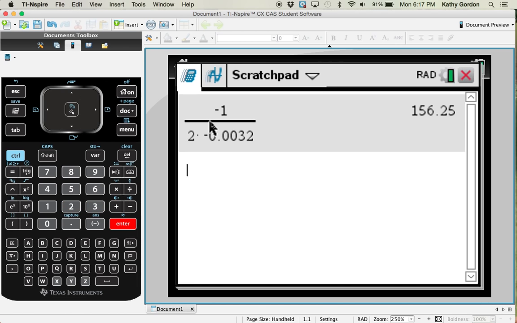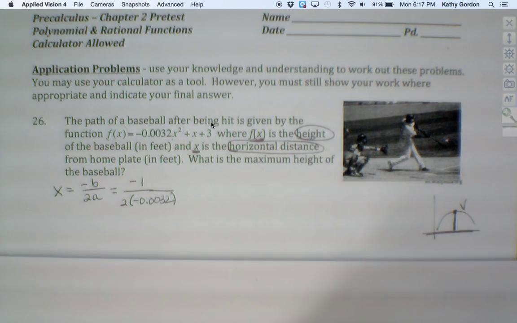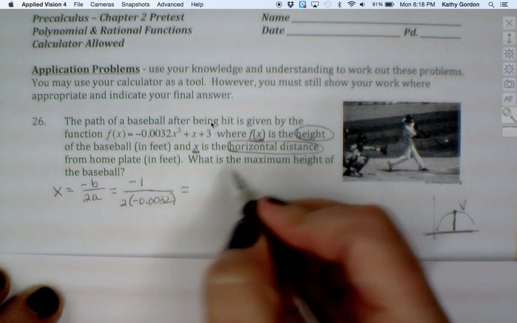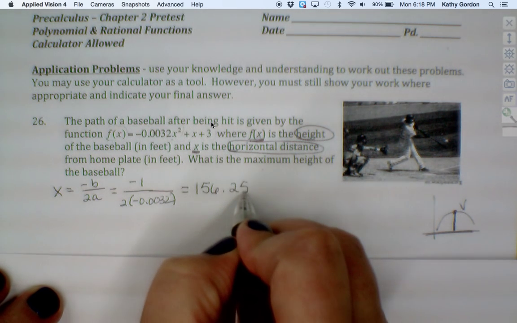Hit return, and we get 156.25. So back here, the result I get from my calculation is 156.25.